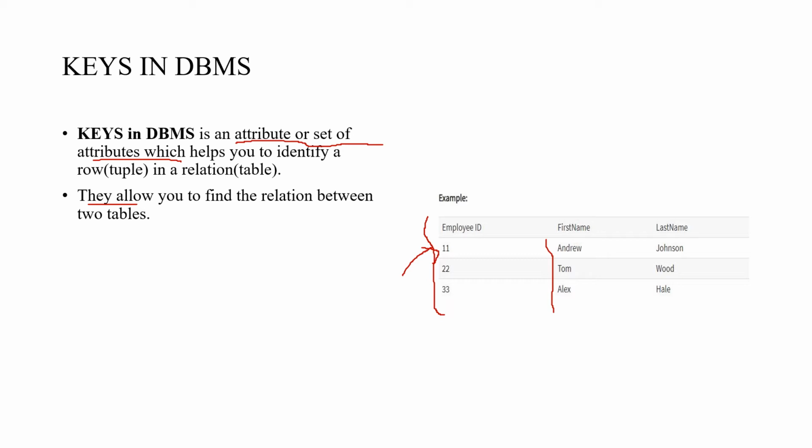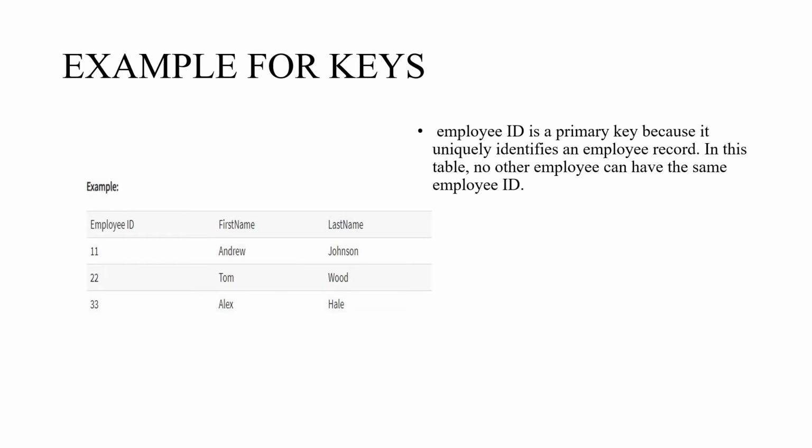Here, I already explained one example. In the given example, employee ID is a key because it uniquely identifies an employee record. In this table, no other employee can have the same employee ID. Employee ID is a unique value. Every employee has one unique ID.